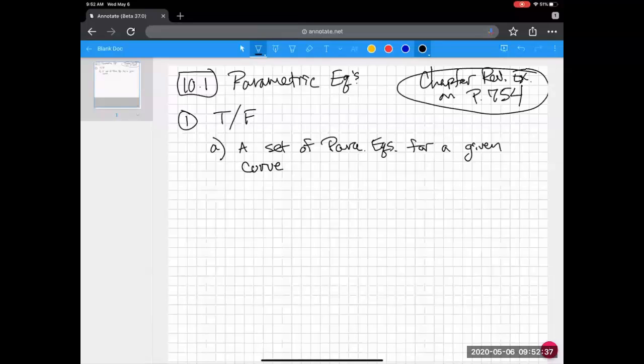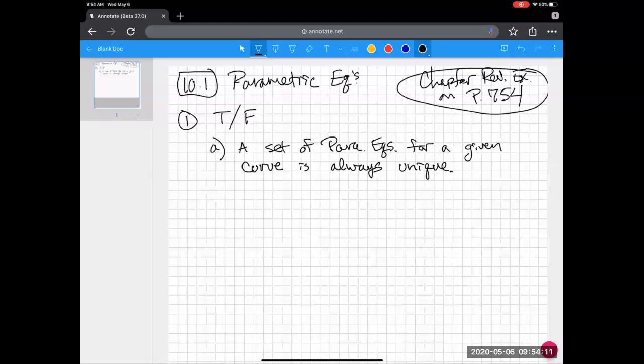For a given curve is always unique. So this is the statement: a set of parametric equations for a given curve is always unique. So the question is, is that statement true? Is it false? If it's true, give some sort of a justification to help understand why it's true. If it's false, provide a counterexample.